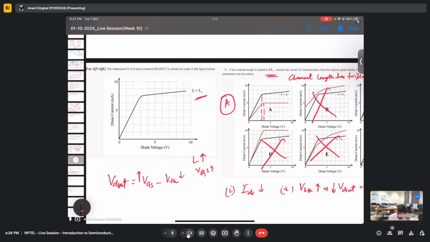If I triple the channel length, basically I will require more VG, that is for sure. That will increase the VT requirement also, but what will happen to this overall term? If I increase the channel length, then I require more VT, and more VG also. So which will dominate? That is the question. Okay, let's think more.